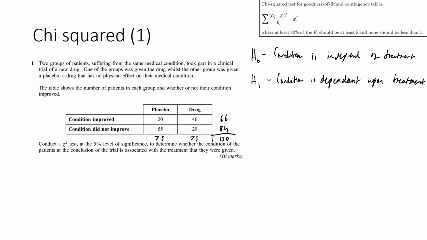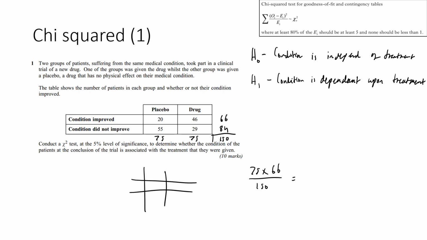Now to find expected frequencies, if I draw the same table here, what we have to do is times the column total, which is 75, and then times that with the row total, which is 66, over the total, which is 150.